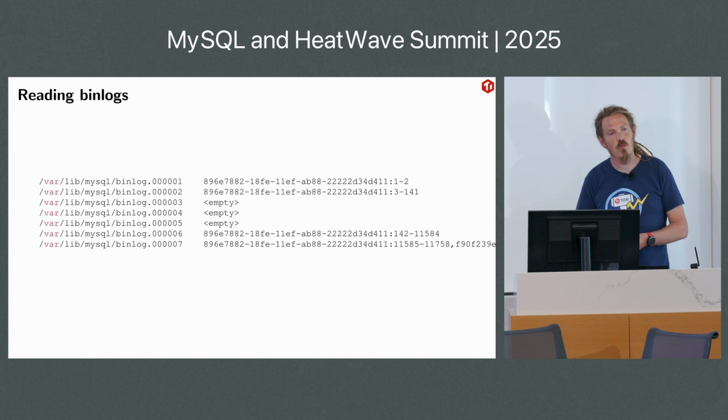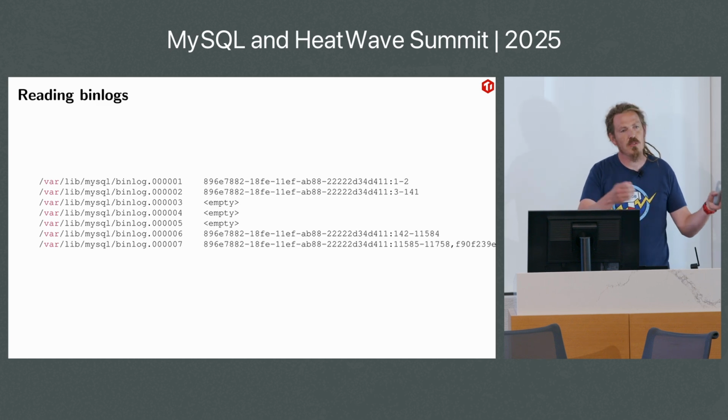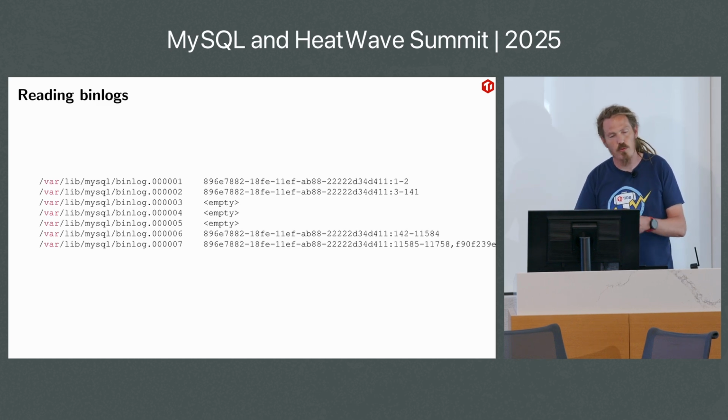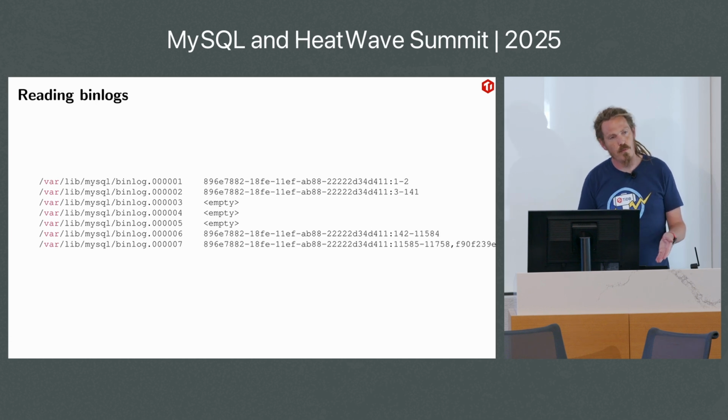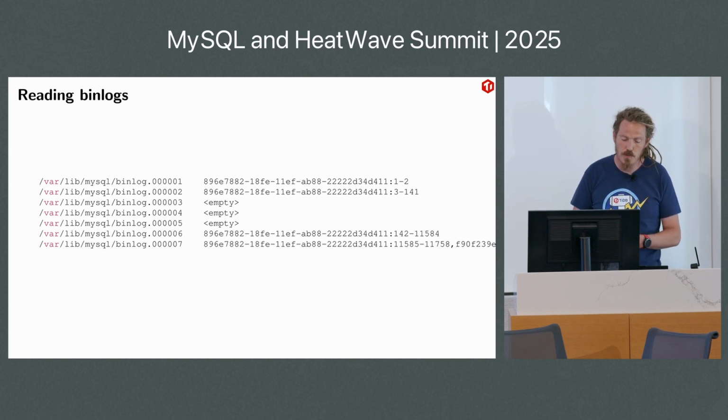So this is what this tool outputs. If you feed it a list of files, for every file it will list, well, this has this UUID with transactions 1 to 2. And the next file has transactions 3 to 141, etc. There might be a few files that don't have any transactions in them because of reasons. And the very last line is just visible on the slide.